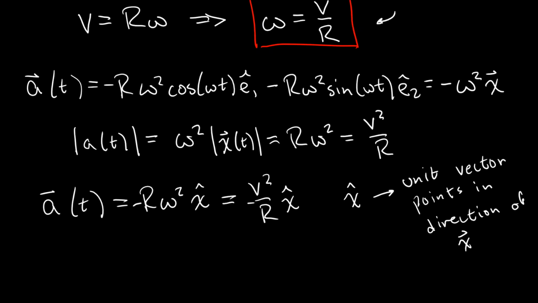These should have minus signs as well. In other words, x hat is equal to the position vector over its magnitude, which in this case is just r. Right, it's just something with length 1, which points in the same direction as the position vector.